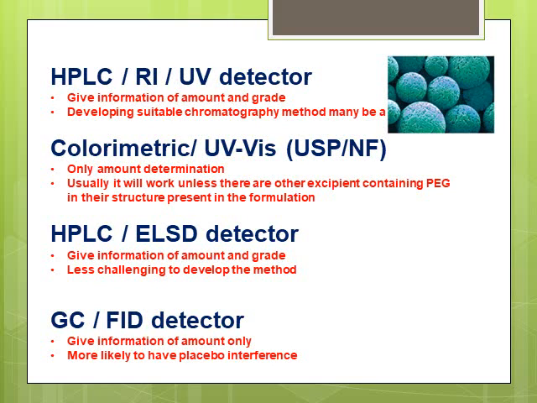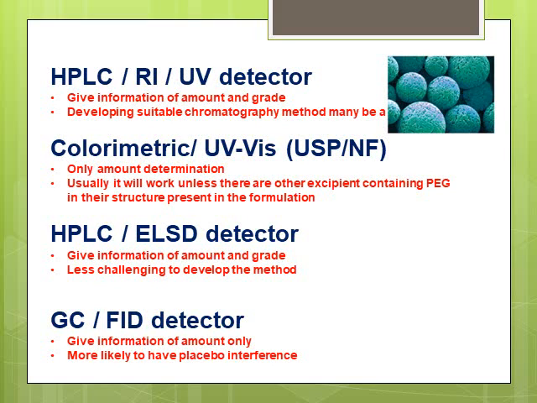But if you have another excipient that has a polyethylene oxide chain in it, then you will have major interference. Let's say in your formulation you have both Ceteth 20 and Ceteth 50 or Ceteth 60. Then you will not be able to do quantitation for Ceteth 20 only. You will only get information for the combined.